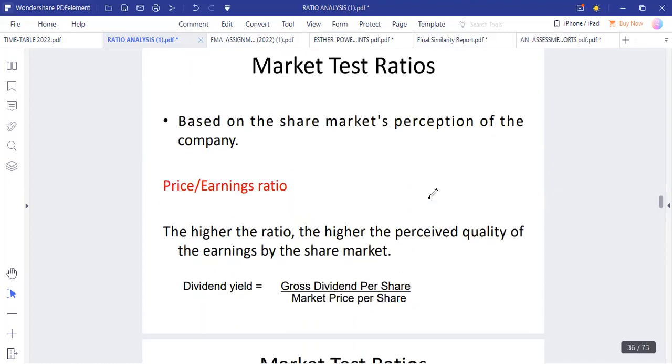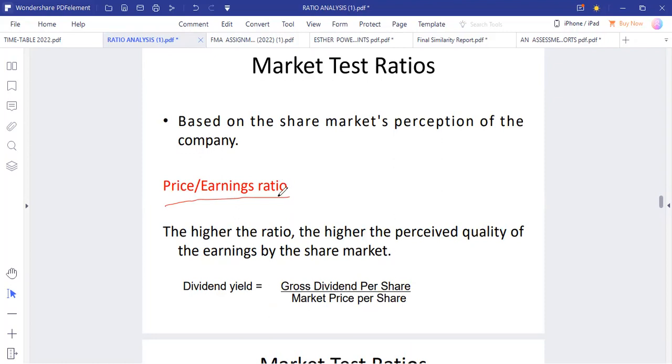Then the last ones are the market ratios, where we have the PE, which is the price earning ratio. Price earning ratio looks at the shareholders' earning power. Not all shares have the same earning power.